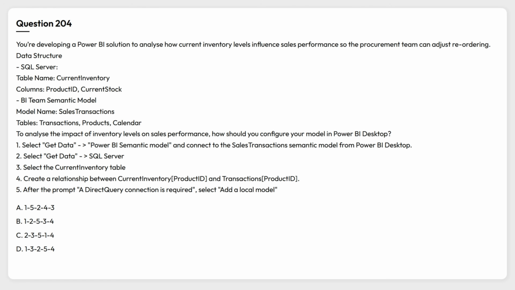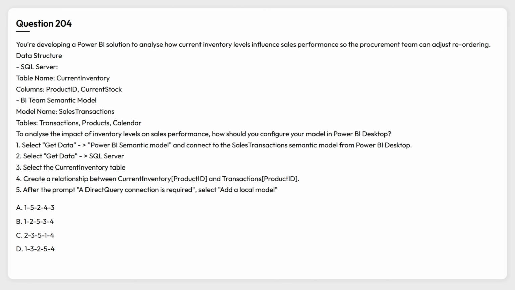Select Get Data, SQL Server. 3. Select the current inventory table. 4. Create a relationship between current inventory, product ID, and transactions, product ID. 5. After the prompt, a direct query connection is required. Select Add a local model.